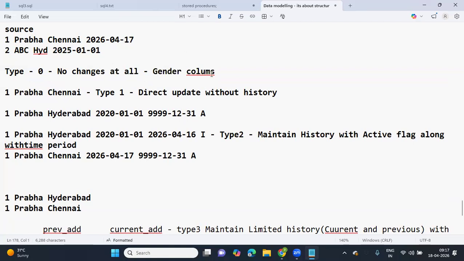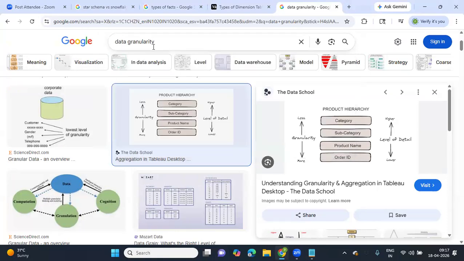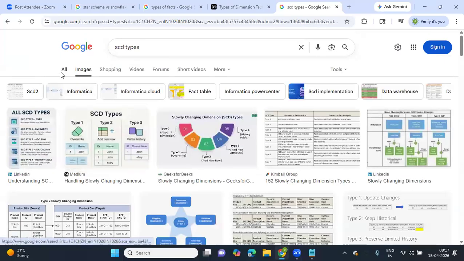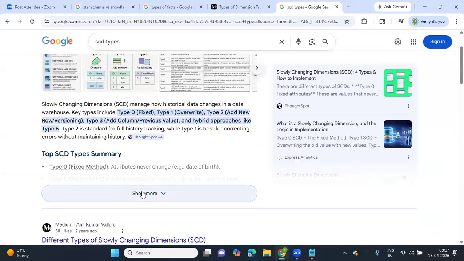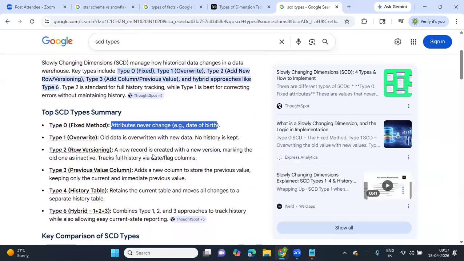Now the technology is there, but ideally speaking, the gender cannot change for a person. He can change his address, he can change his name, but he cannot change his gender, right? So that's type 0. It is fixed. Date of birth is never going to change.